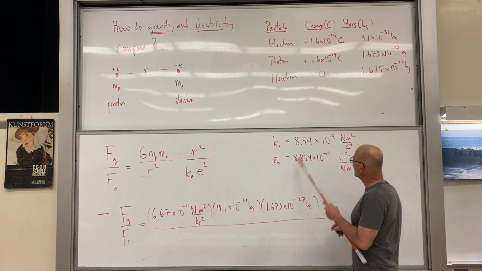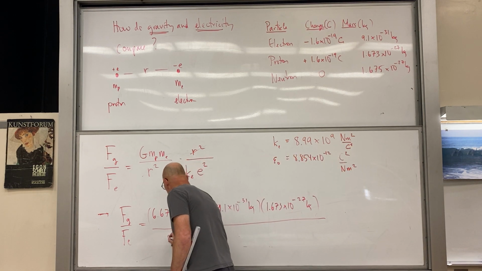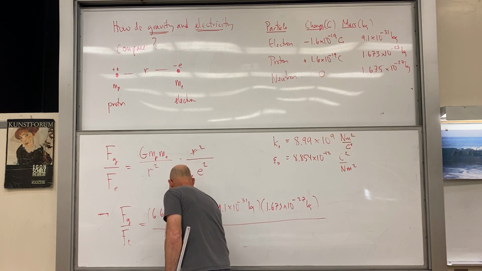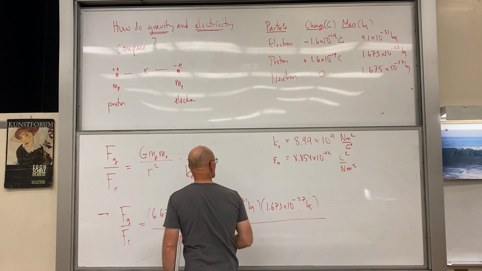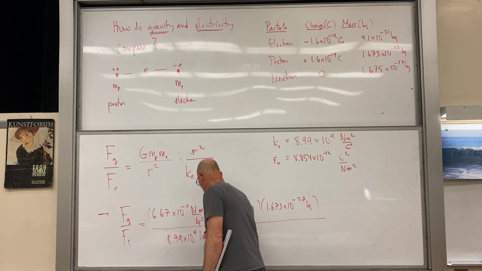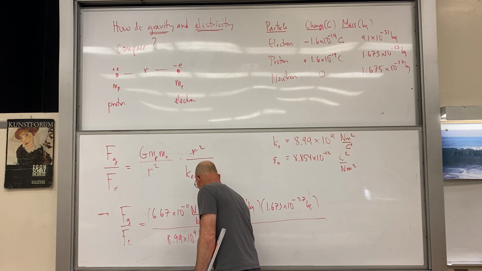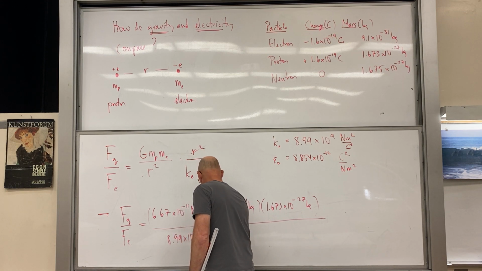Okay. So all of this divided by 8.99 times 10 to the 9 Newton meters squared per Coulomb squared.